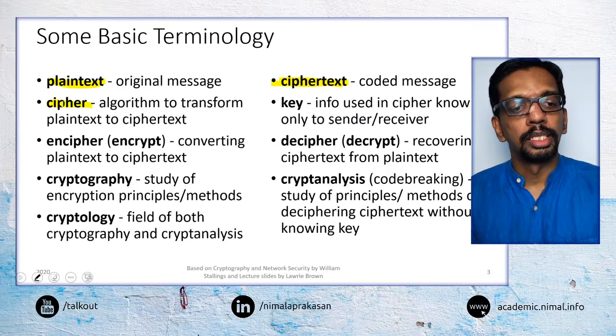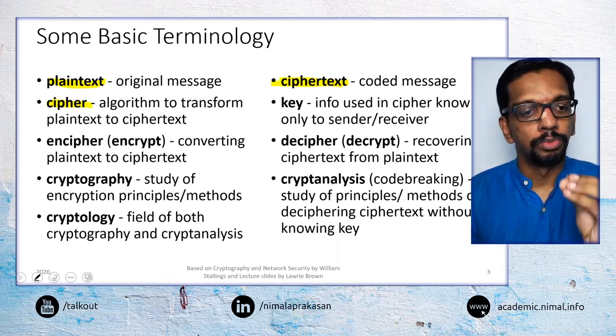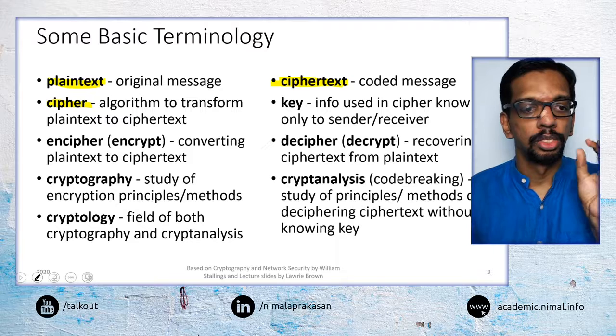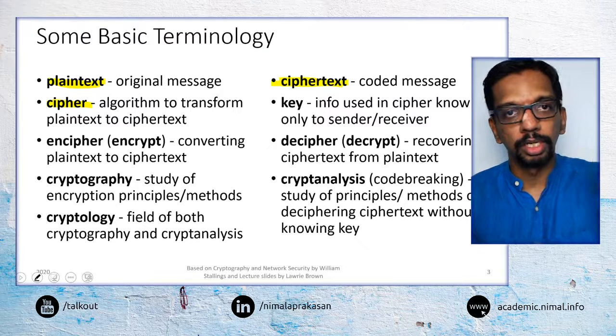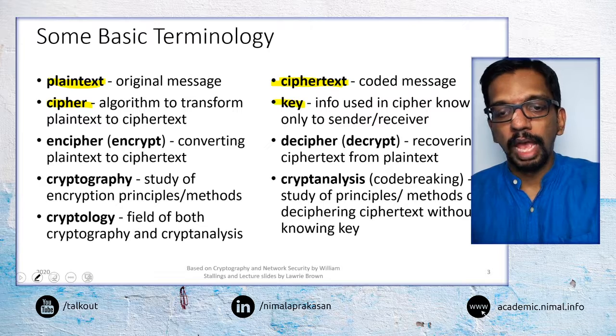Then the cipher is the actual algorithm that we are going to use for the transformation from plain text to ciphertext. Using that algorithm, we will convert the plain text to ciphertext. Then we will have a key.